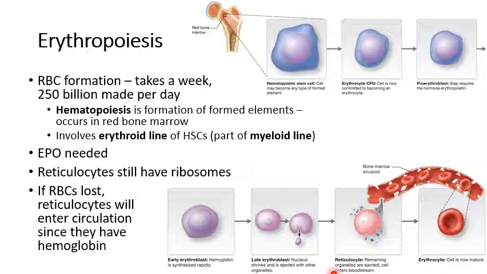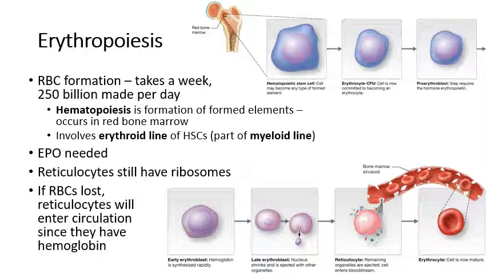Then the final thing to mention about erythropoiesis is the hormone EPO, which you may remember from AMP1. EPO stands for erythropoietin. It's the hormone that drives erythropoiesis. It's made by the kidney, and then it travels to the red bone marrow, and it tells the hematopoietic stem cells to start differentiating into red blood cells.